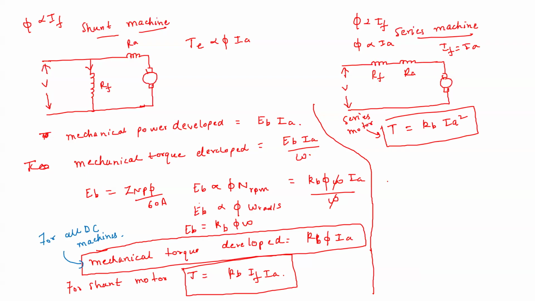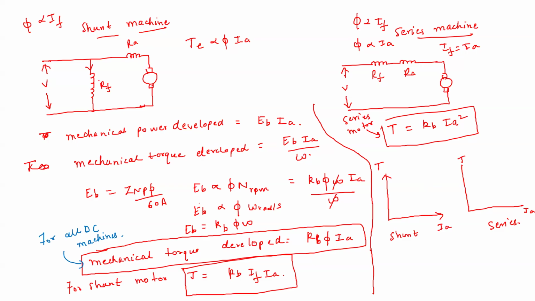So the torque versus IA characteristics for the two machines: this is the shunt machine, this is the series machine. For the shunt machine, the torque is proportional to only IA.